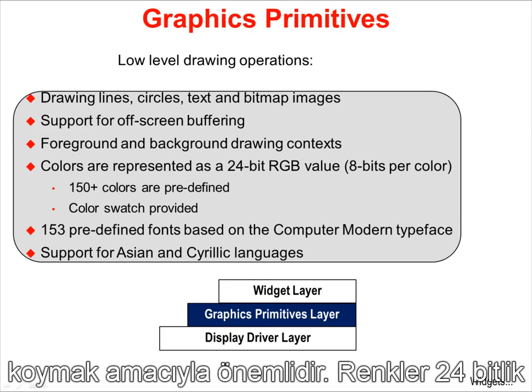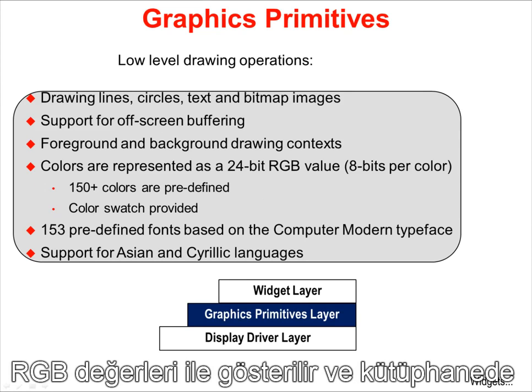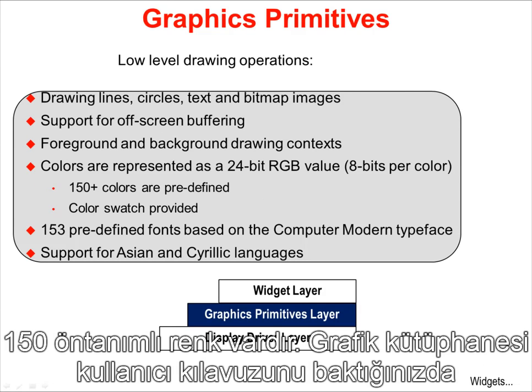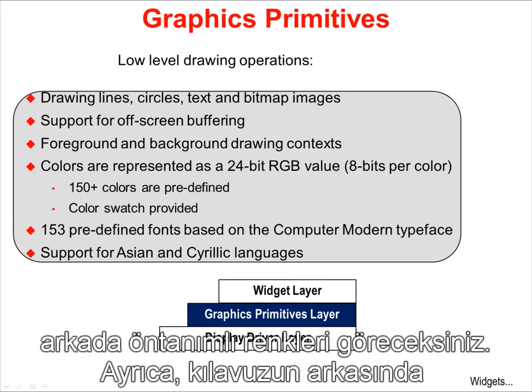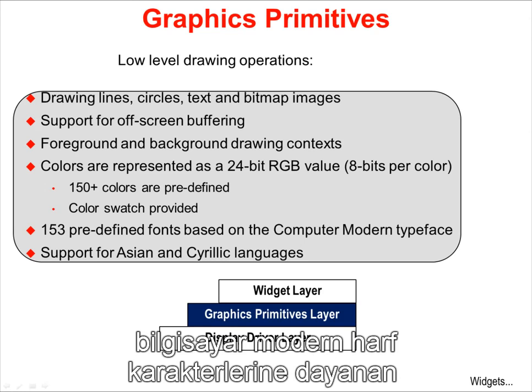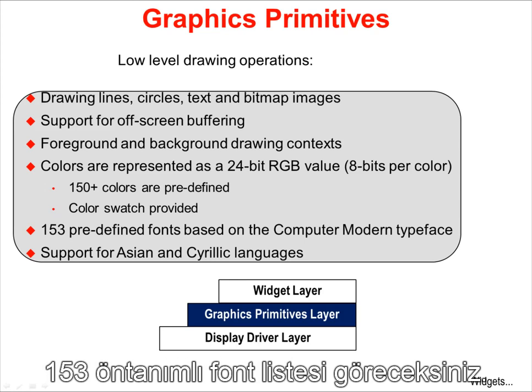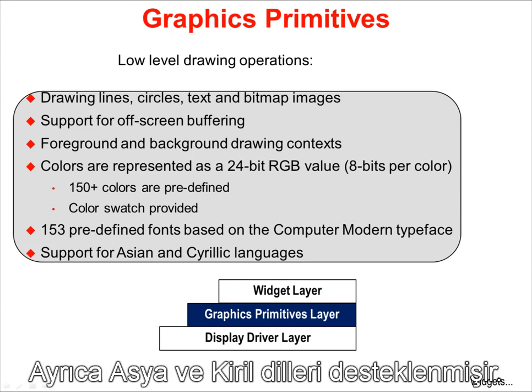Colors are represented as 24-bit RGB values, and there are 150 predefined colors already provided in the library. Look in the Graphics Library User's Guide, and you'll find those predefined colors in the back. Also in the back of the User's Guide is a list of 153 predefined fonts based on the computer modern typeface. Also, Asian and Cyrillic languages are supported.